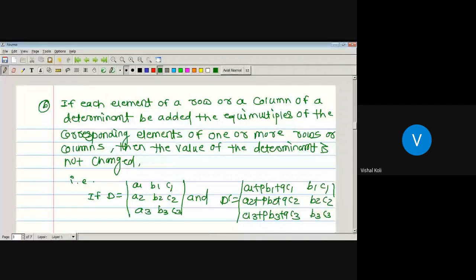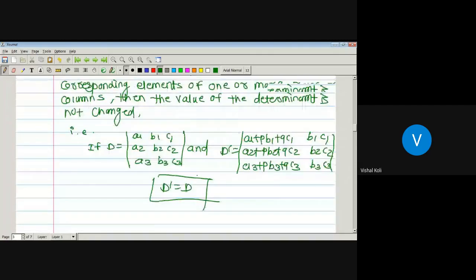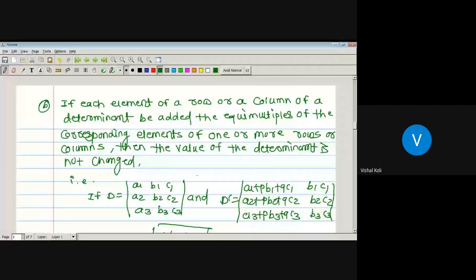Then D dash is the same as D. Equimultiples means p times b1, p times b2, p times b3, similarly q times c1, q times c2, q times c3. Here we have taken both columns, but even if we take only a1 plus p b1, a2 plus p b2, a3 plus p b3, D dash is the same as D. So this will be our sixth and last property.